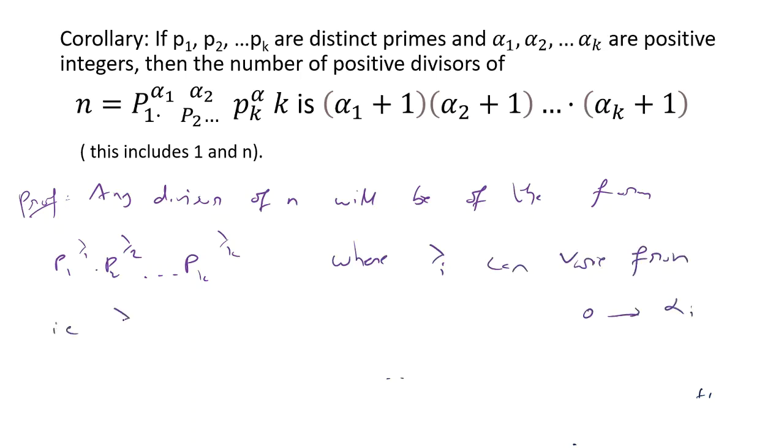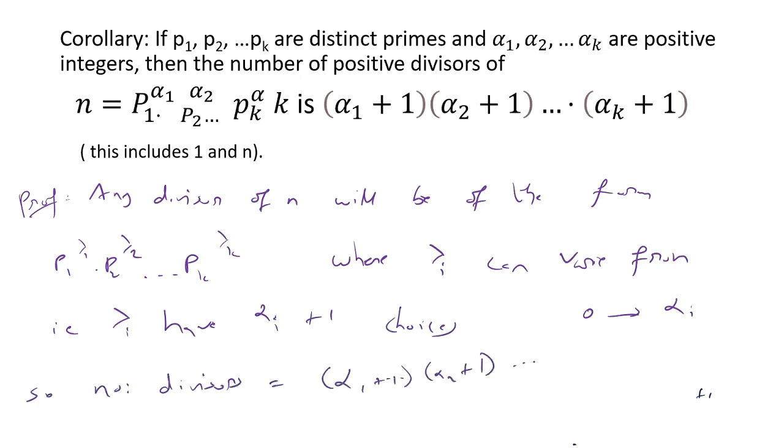That is, lambda i has alpha i plus 1 choices. So the number of divisors is equal to alpha 1 plus 1 times alpha 2 plus 1 and so on up to alpha k plus 1, because I can select any number of objects.